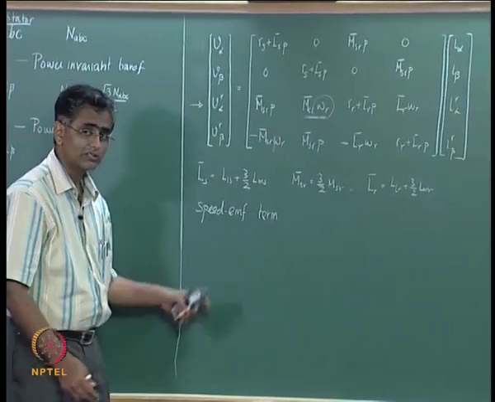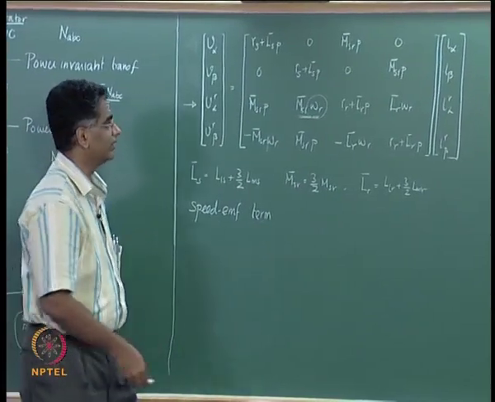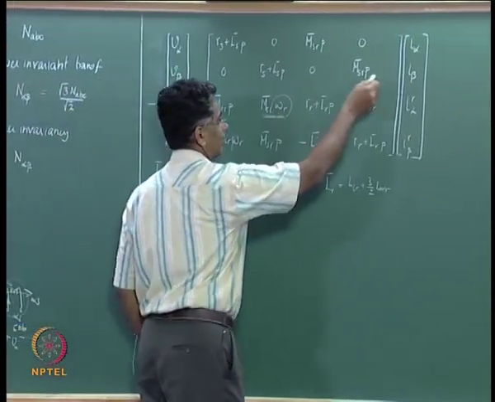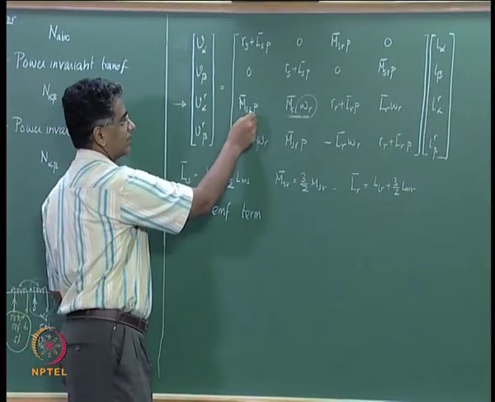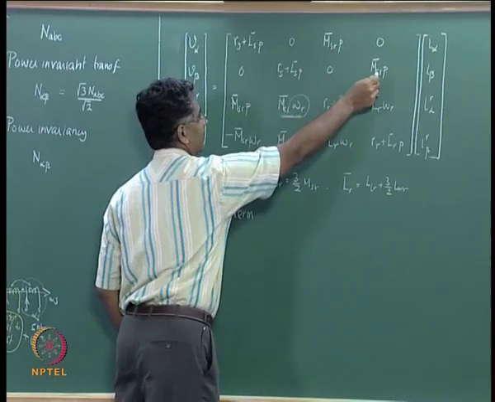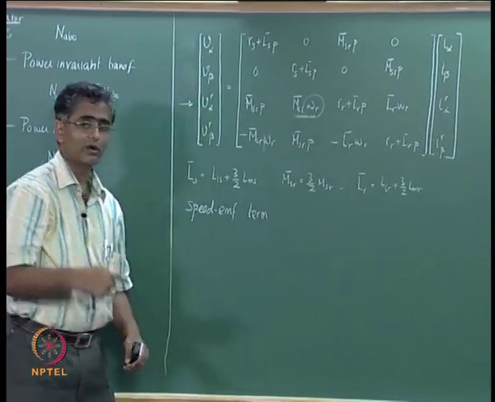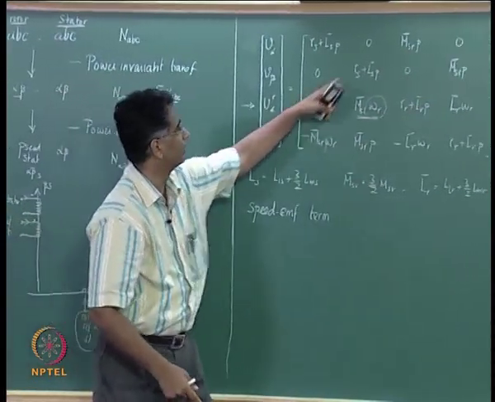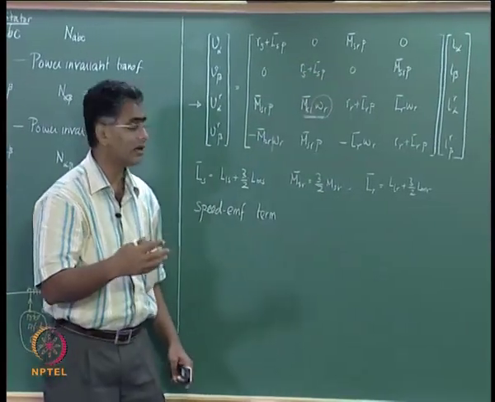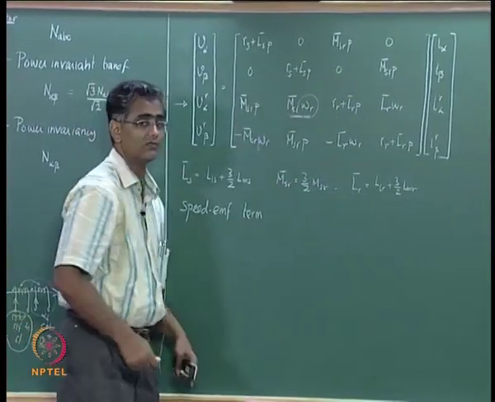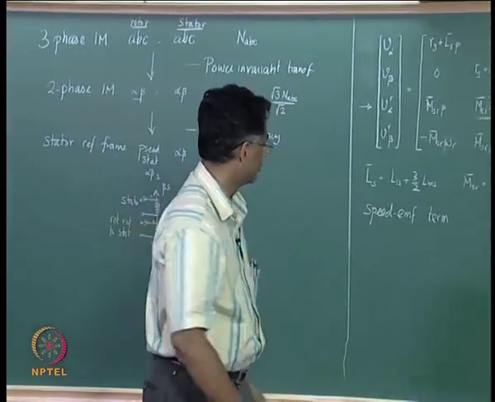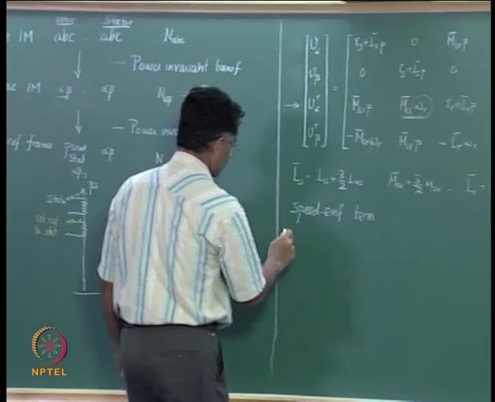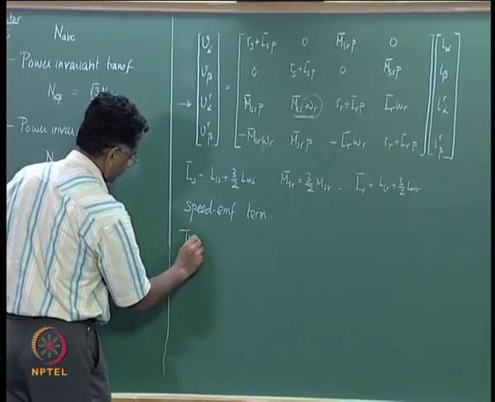and this term does not depend upon di by dt, it is simply MSR omega r multiplied by I beta, whereas these terms MSR P similarly here and here, they arise not due to speed, there is no speed term in any of these things, they arise due to di by dt. If di by dt were 0 then such of those terms would be 0, and therefore those terms are called as transformer EMF terms.